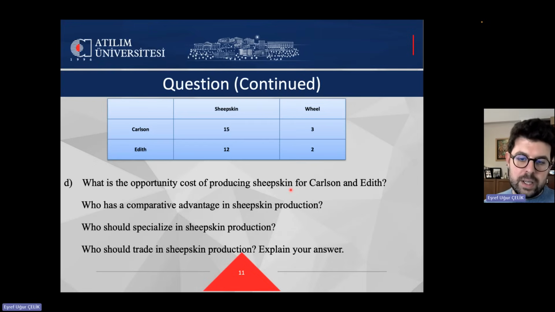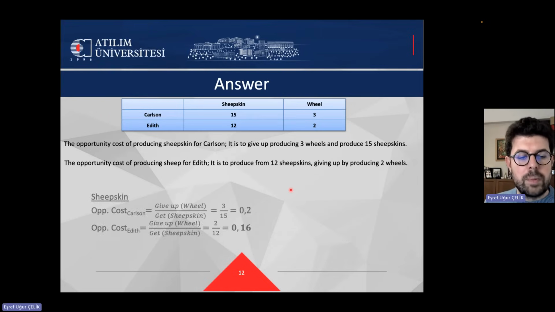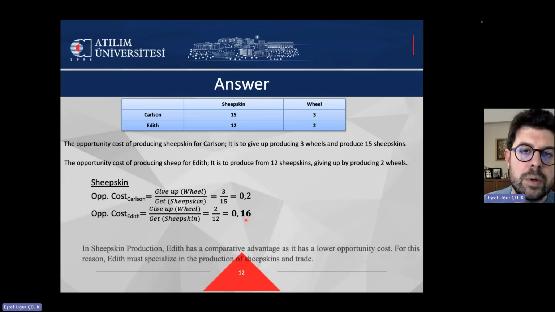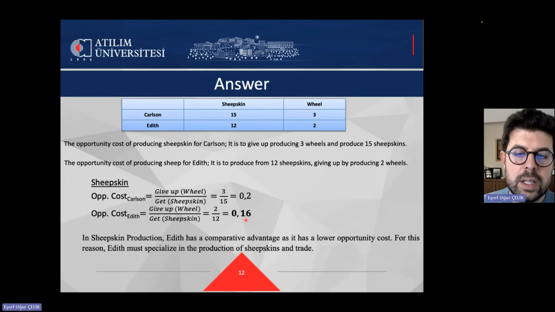What about the sheepskin? Again, we compare the opportunity cost for each producer. This time you see the smaller or lower opportunity cost belongs to Edith. So Edith has lower opportunity cost on sheepskin.